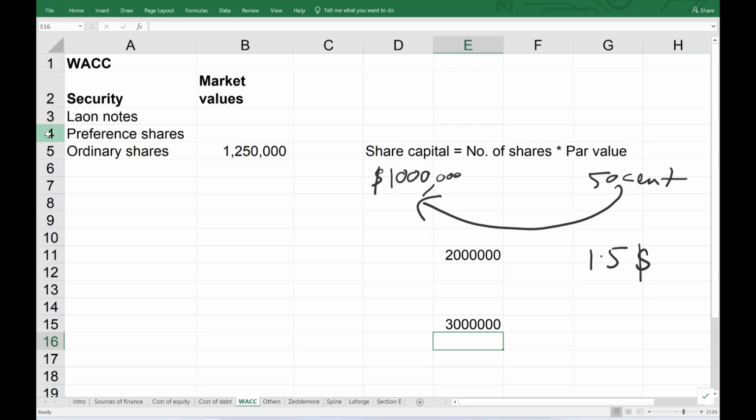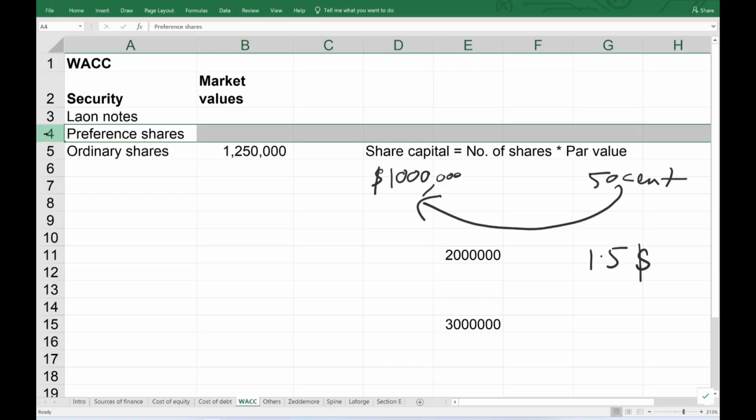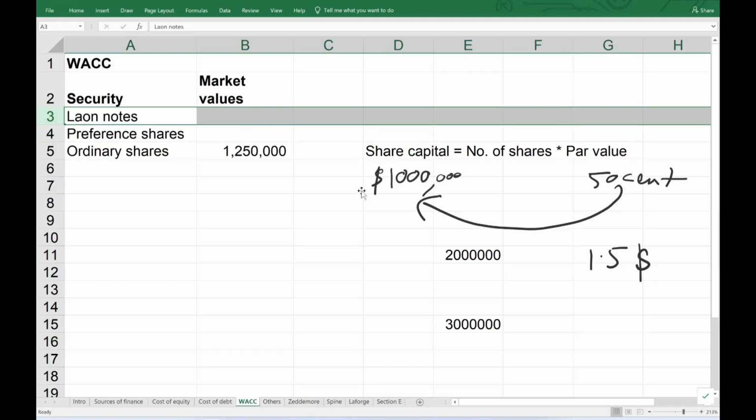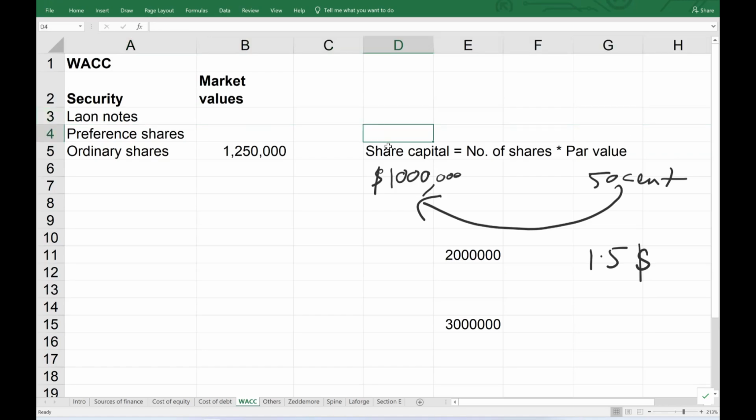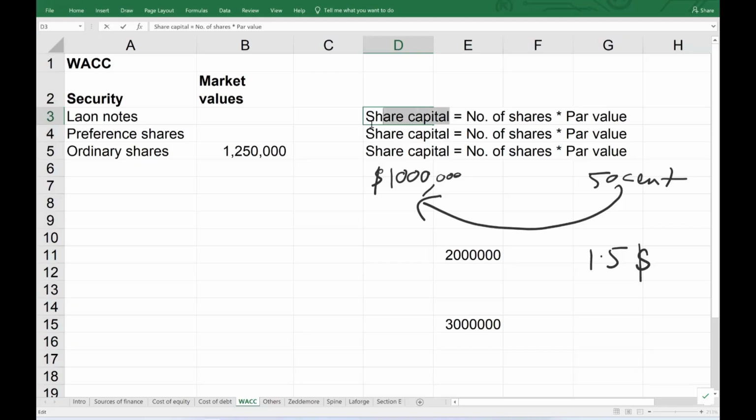Same thing we apply for the preference shares, and same thing we apply for the loan notes. For preference shares, share capital, or the book value of preference shares, is equal to number of preference shares multiplied by par value. Same idea for loan notes: book value of loan notes is equal to number of loan notes or number of bonds multiplied by par value.